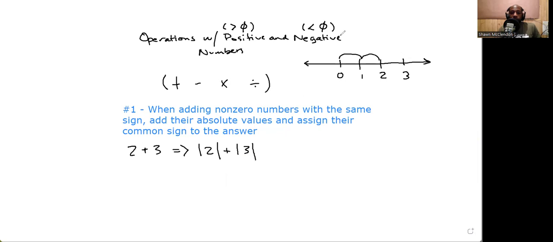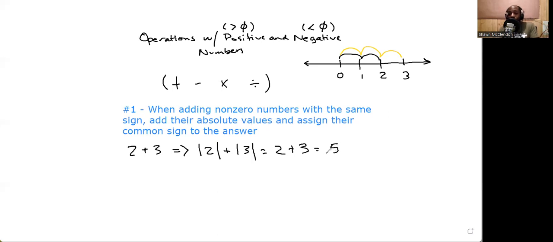The absolute value of 3 is 3 because it's 3 away from 0. All right. So that ends up just being simply 2 plus 3, which is 5. And assign the common sign to the answer. Both of these are positive.